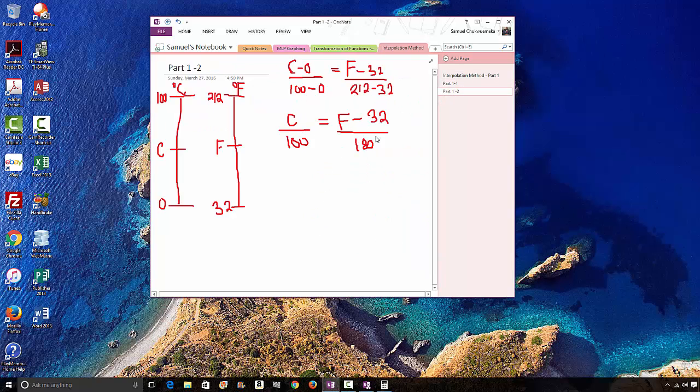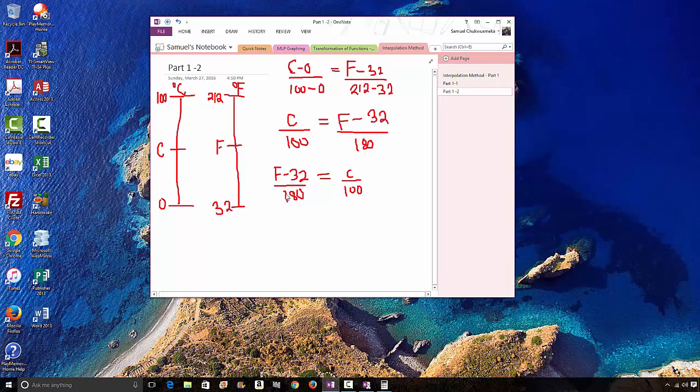So we are just going to swap. Swapping means let your left hand be your right hand, and let your right hand be your left hand. So if we swap, the right hand side will now be the left hand side, equal to C over 100, and the left hand side becomes the right hand side.